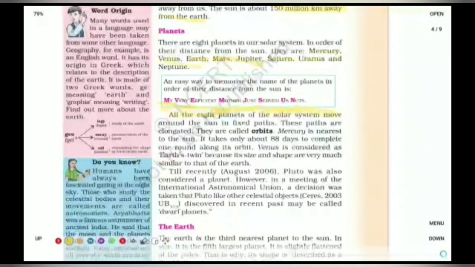These 8 planets move around the sun in a fixed path called orbits, right?